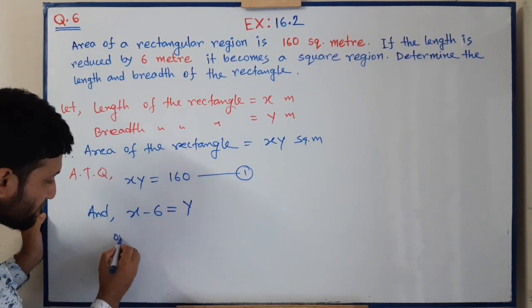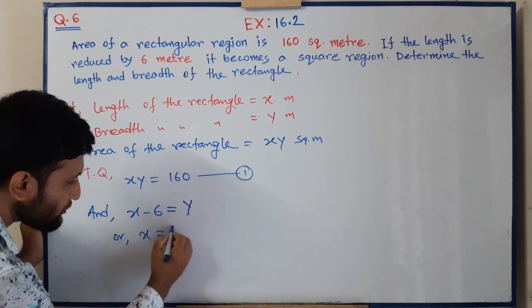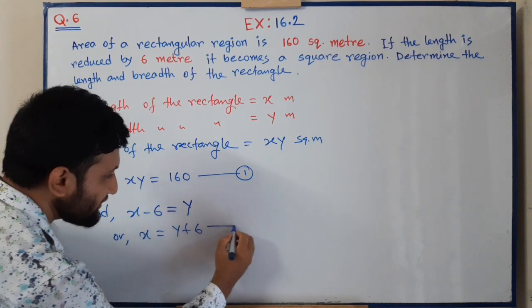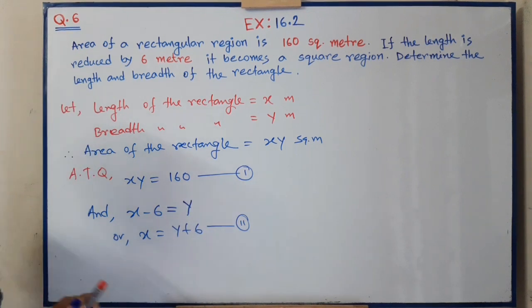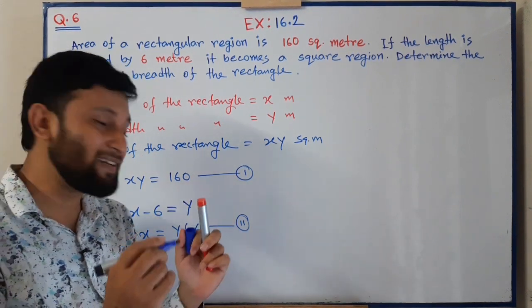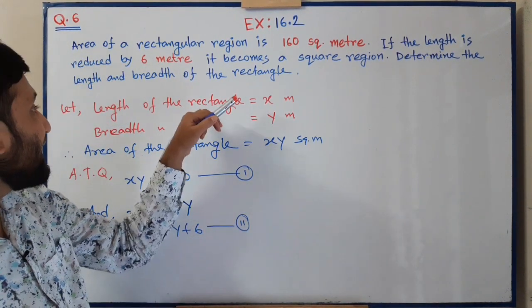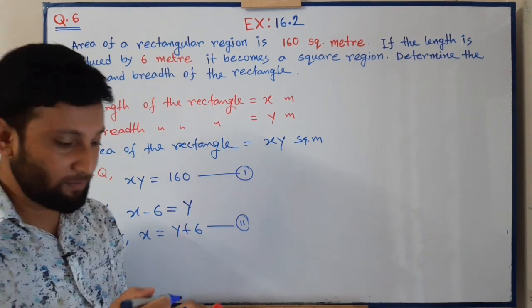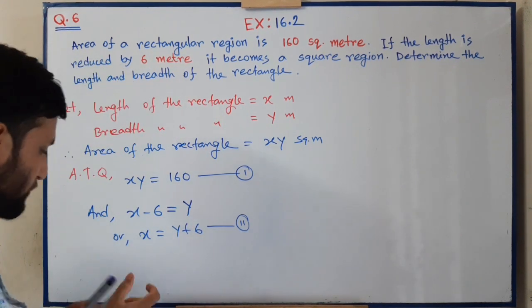Now by simple calculation we can write x equal to y plus 6. Mark this as equation 2. Now by using equation 1 and 2 we can easily find the value of length and breadth of this rectangle. Okay, follow the next solution process.